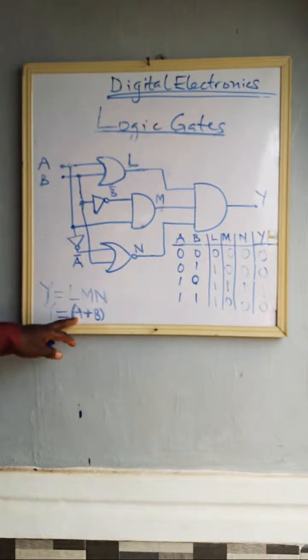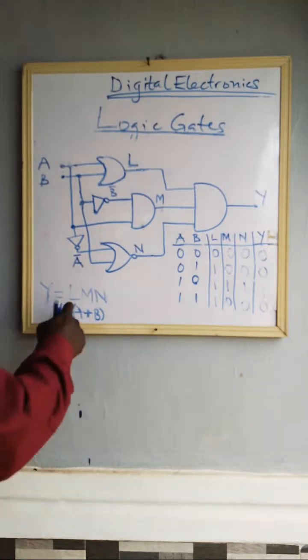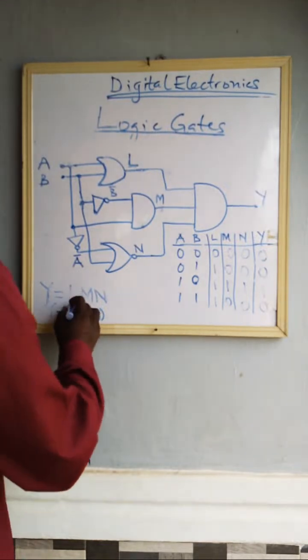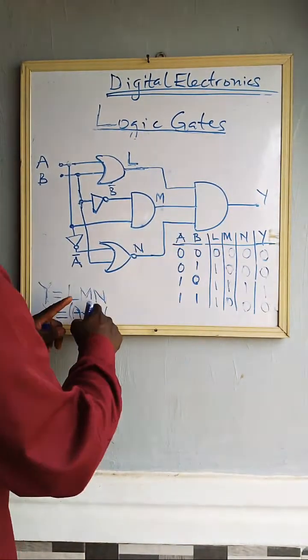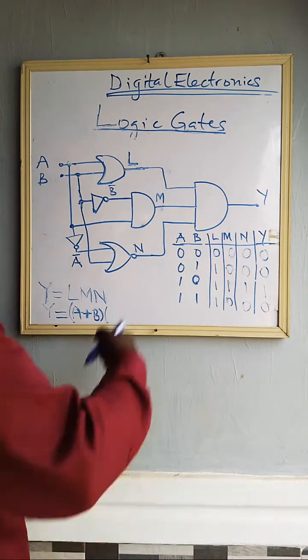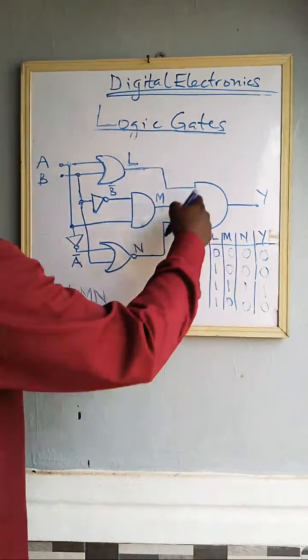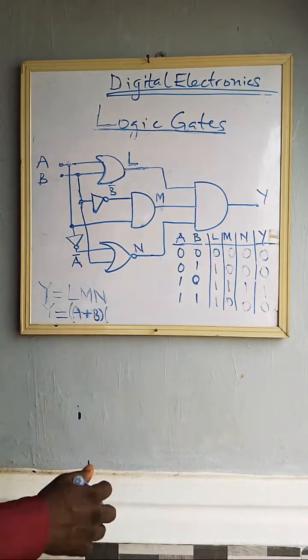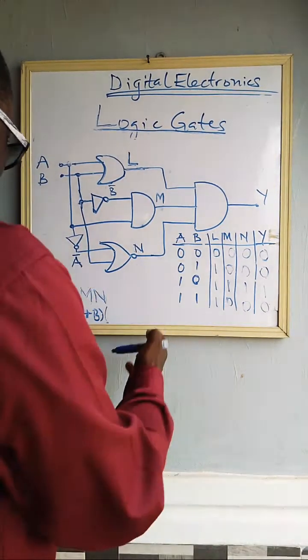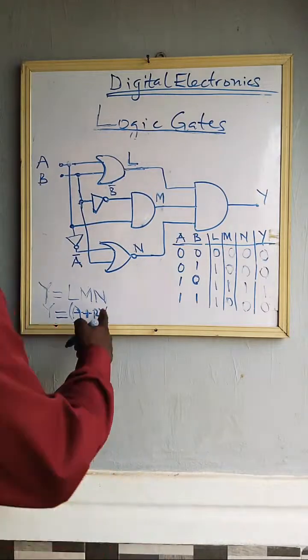So here it is read A or B, not A plus B ordinarily. Then another bracket, because this is an AND gate. The bracket here means AND function between L, M, and N. In some textbooks you see a dot in between. If you don't put the dot but the brackets are there, you are still okay. So we are not putting a dot here.